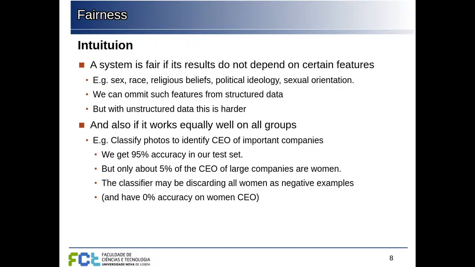Our system will be fair if the results do not depend on certain features. There are specific characteristics of people that we are even forbidden from using to discriminate people. The Constitution, for example, sets out that we cannot use sex, race, religious beliefs, sexual orientation, and so on, those kinds of protected characteristics to discriminate between people.